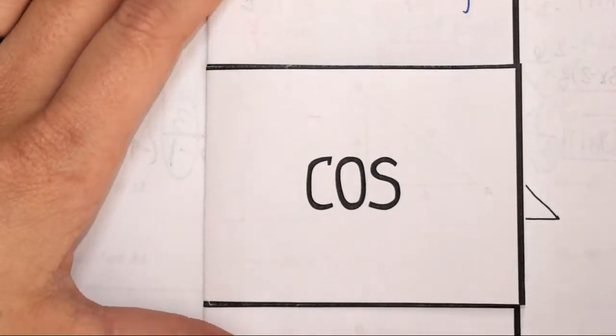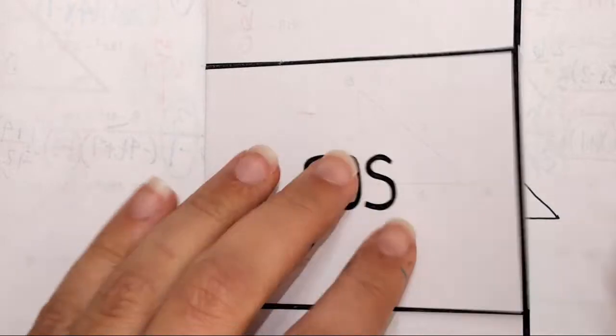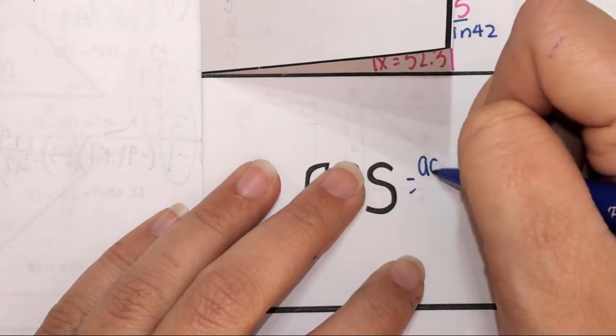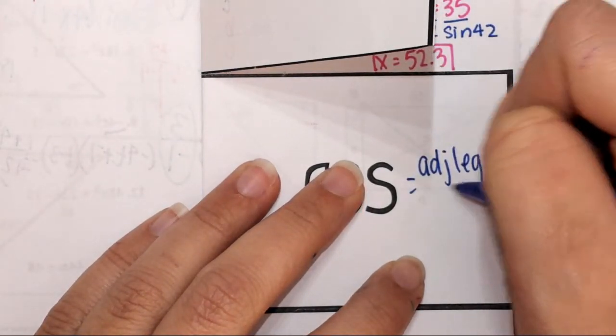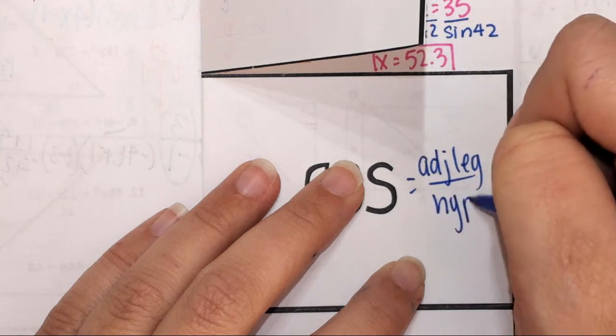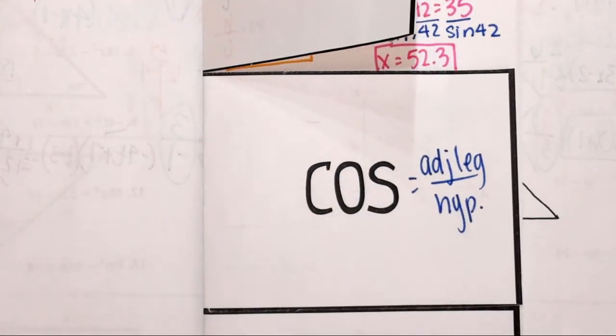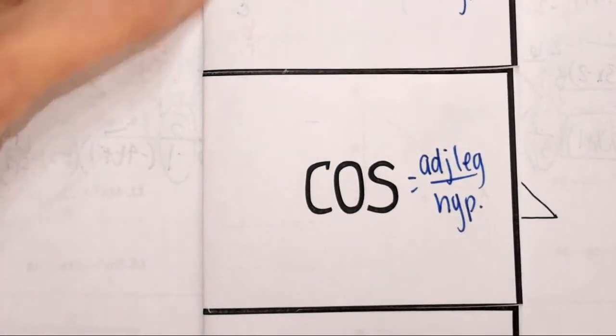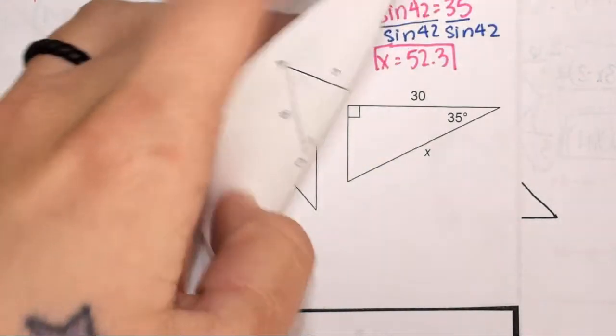Now we know that cosine is adjacent divided by hypotenuse. So it's the adjacent leg divided by the hypotenuse. And we're going to open this.